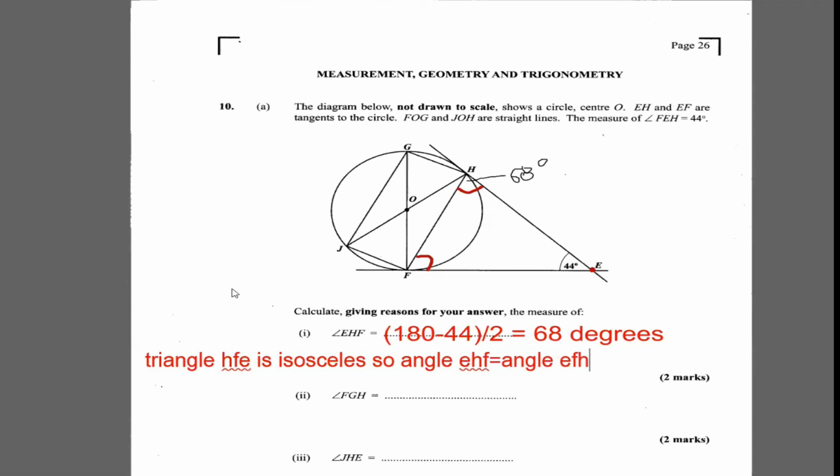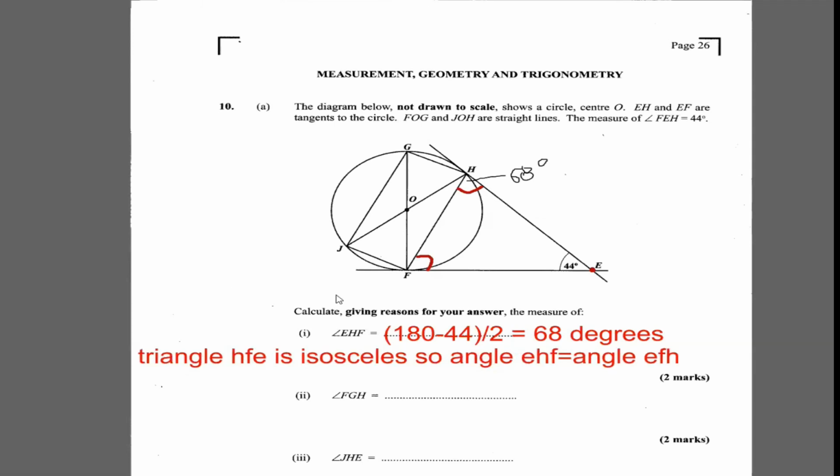That's all you have to tell them. And if you want to give a reason as to why it is isosceles, it is isosceles because anytime two tangents are drawn from a single external point, it forms an isosceles triangle.